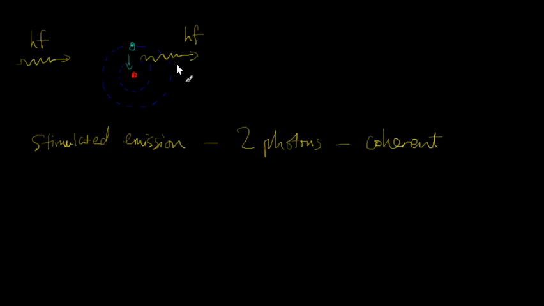Now, if it can happen once, it can happen again. For example, I might have another atom that just happens to be along the path of these two photons. Okay, so then this photon and that atom might just happen to have an electron in the higher orbits.